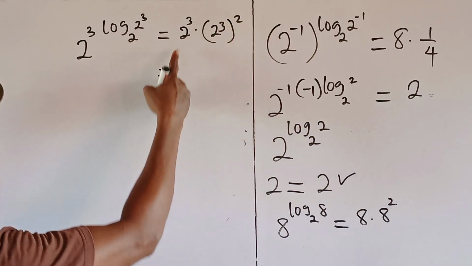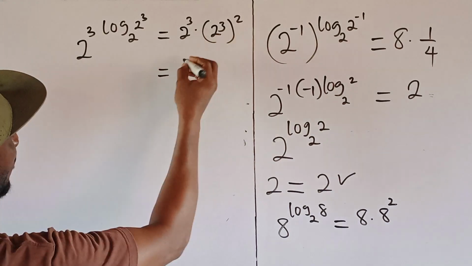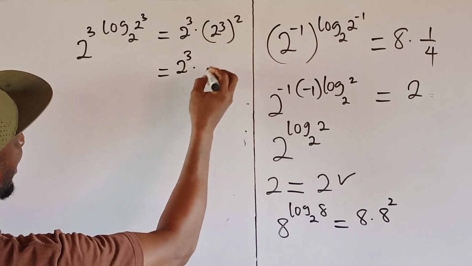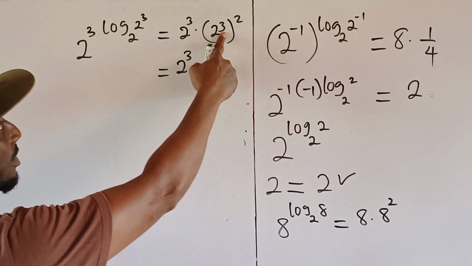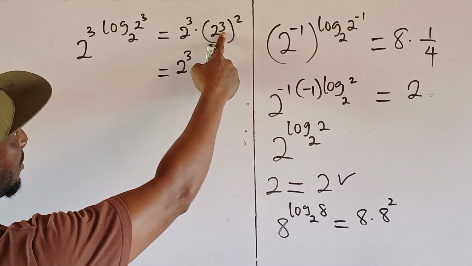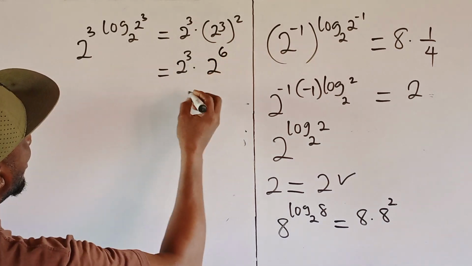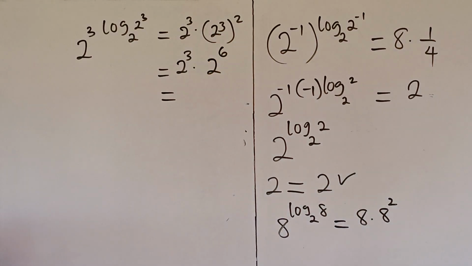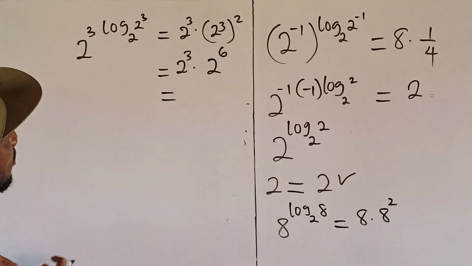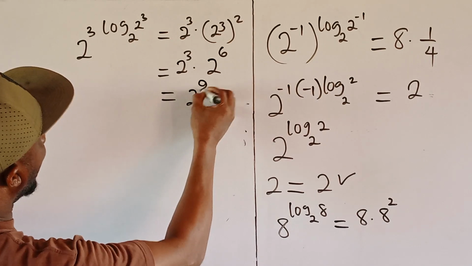So on the right side, we have 2 cubed, then we have 2 cubed squared. I'll use the power rule here: exponent 3 multiplied by 2 will be 6, so 2 to the power of 6. If I make use of the multiplication rule, it's going to give us 2 to the power of 9.